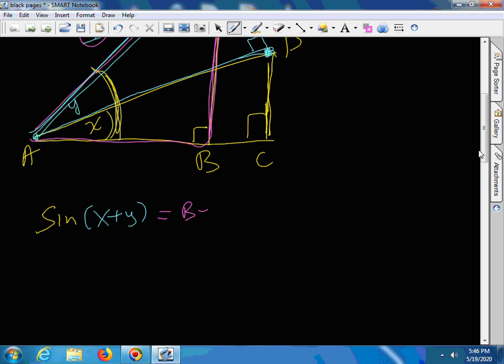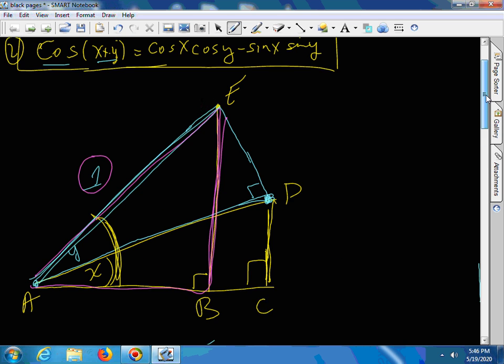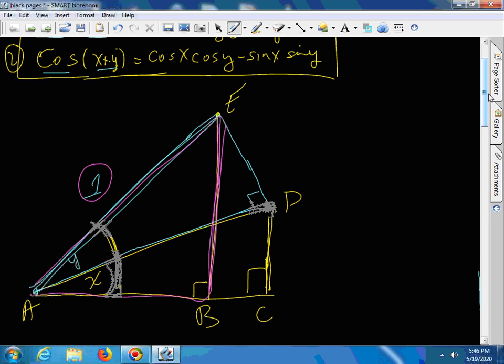Now, the thing is that I know what the formula is. The formula has to be a sum. It is somehow BE, not B plus C. I'm thinking sum already. Somehow, I need to break up BE into a sum.